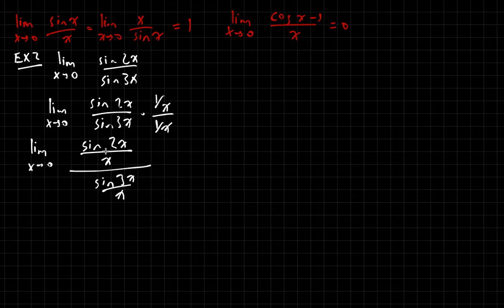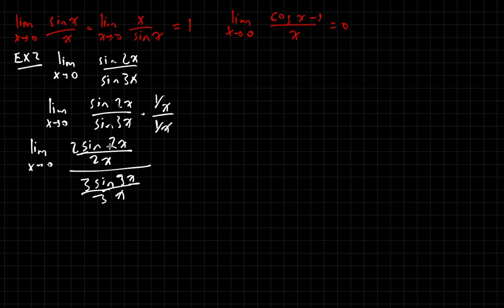Now it's still not exactly similar to these formulas because this is an x, and this is a 2x. But this is just the example from last time. All I have to do is multiply the top and bottom by 2, and I can do that because they cancel out and make a 1. And I can multiply the top here and the bottom here by 3.